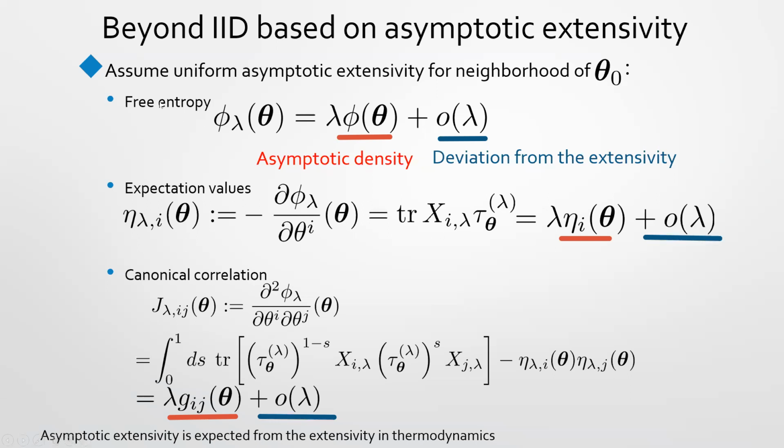So then this is free entropy. We have this extensivity in this way. And also the expectation value is described by the partial derivative of this potential function. This is a very common method in information geometry.